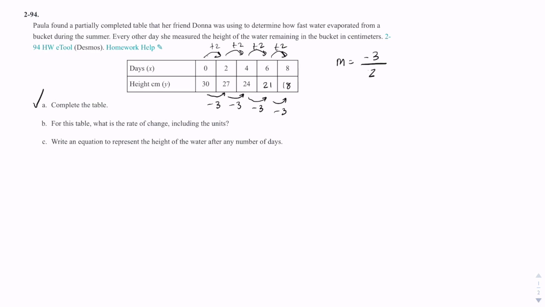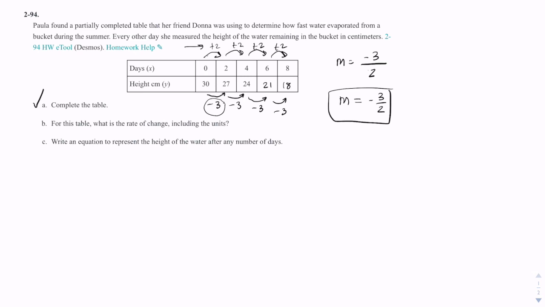So the slope in this case is -3/2. Normally on tables, when the x's are increasing by 1, you could just circle this and say that's the slope because it would be -3/1. But in this case, x is changing by 2, so it's -3/2 is the slope.